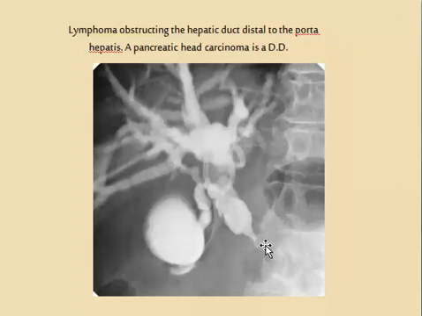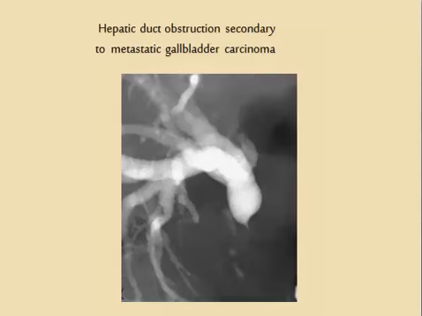You have three possibilities: lymph nodes, here it is lymph nodes. Another possibility is pancreatic carcinoma. A third possibility is cholangiocarcinoma. Hepatic duct obstruction secondary to metastatic gallbladder carcinoma, again giving shouldering and rat tail with marked dilatation above.